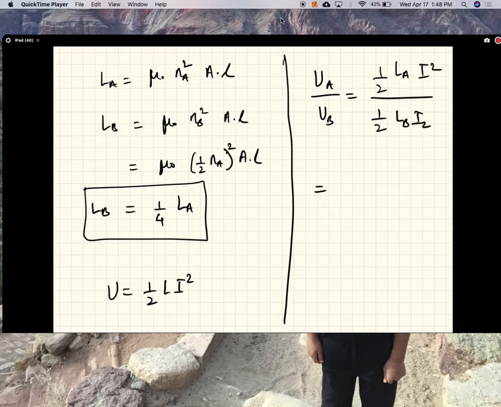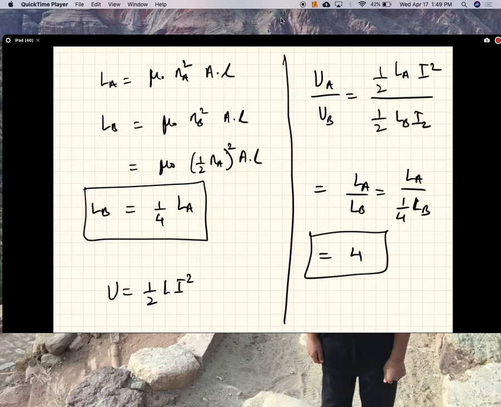LA by LB equals LA by 1/4 LA, equal to 4. So if the same current is passing through both solenoids, solenoid A stores 4 times the energy in the magnetic field. So that's what that means.